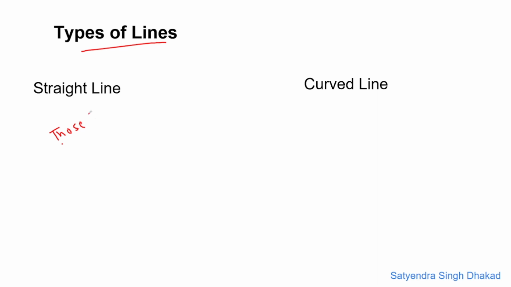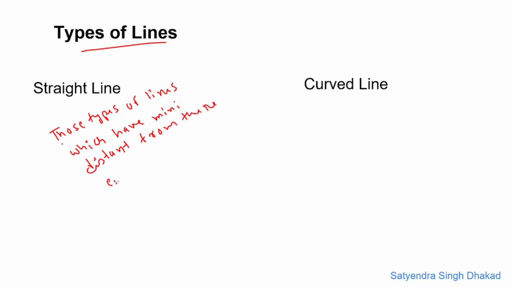Those types of line which have minimum distance from their endpoint, or distance between 2 points is minimum, then the line formed by them is always a straight line.